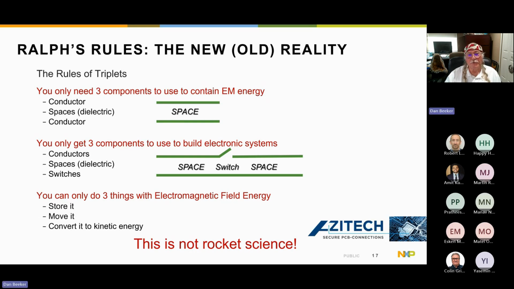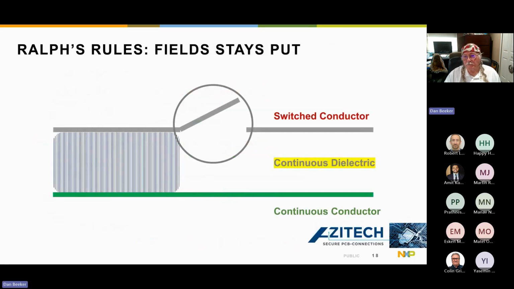And if you think about the energy and what you need to control the energy, designing compliant systems is very, very easy to do. So this is a crude representation of what things need to be. On the left, you see the elements for containing field: two discrete conductors separated by a space.